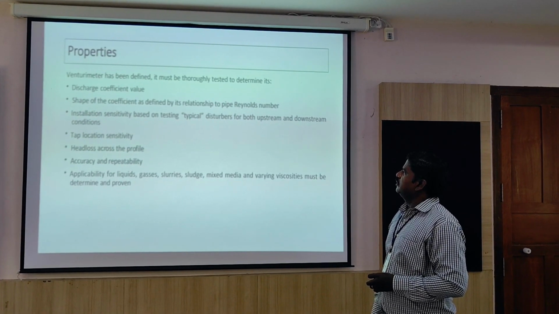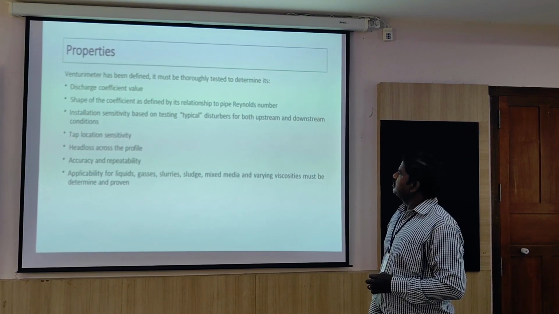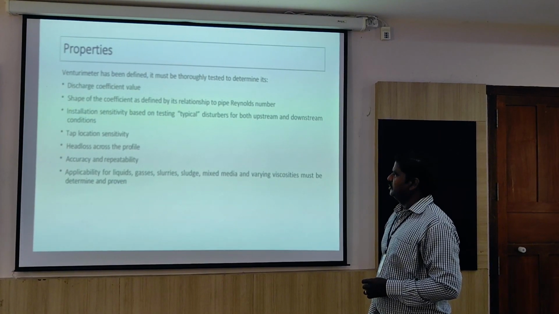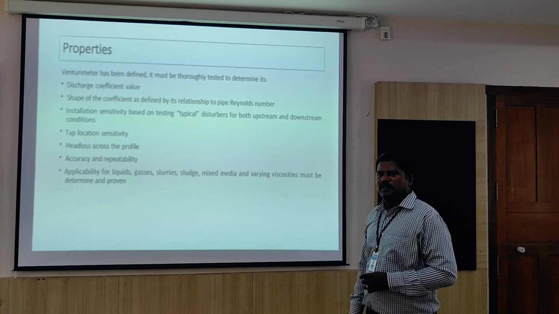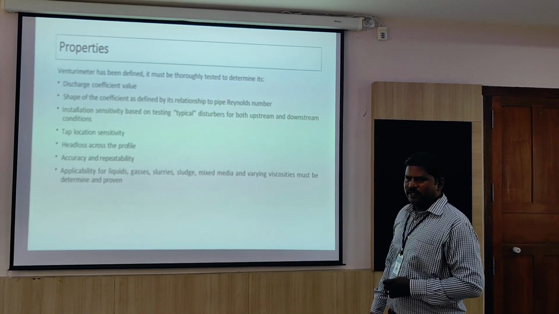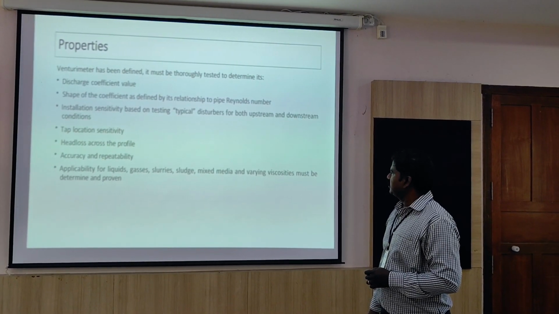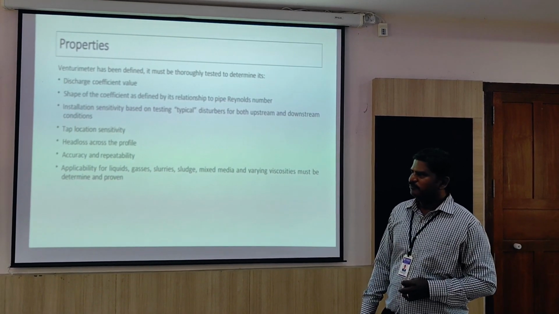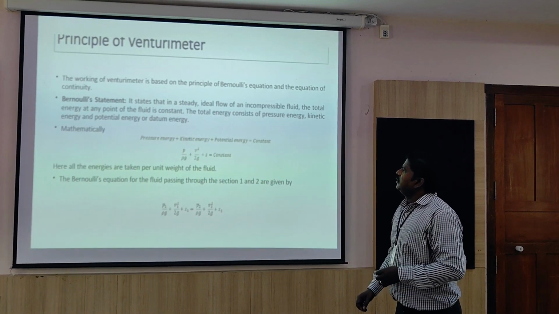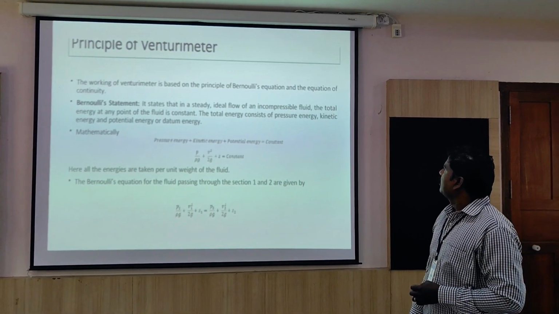Second is the shape of the coefficient, and the installation sensitivity for both upstream and downstream conditions, tap location sensitivity, head loss across the profile, accuracy and repeatability, then applicability for liquids, gases, slurries, sludge, mixed media and varying viscosities must be determined and proven.